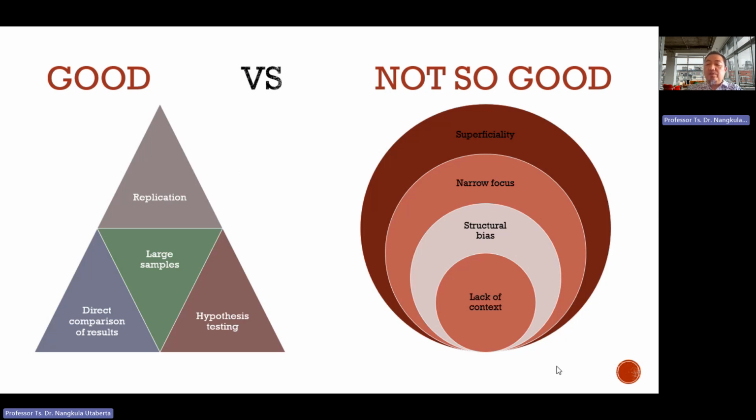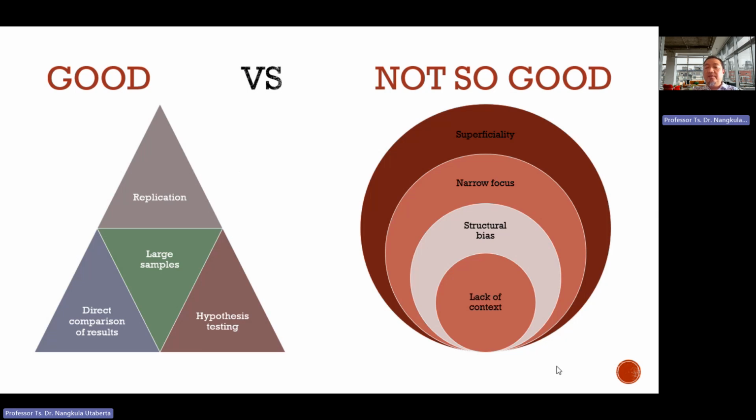Quantitative research method is not so good when, number one, you lack context, so you don't have the bigger picture of things. When you have structural bias, meaning that when you design the research itself, it contains some bias. That's why it becomes very important for you to understand those things. Or when you like to do research on a specific or very narrow focus.